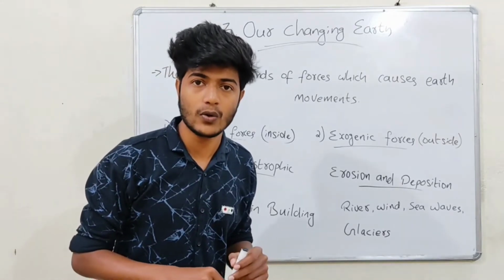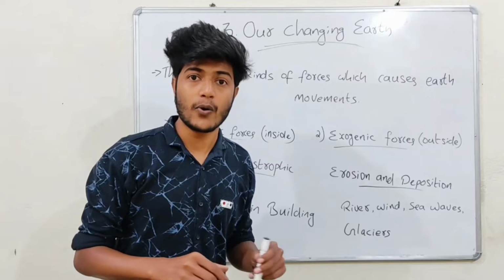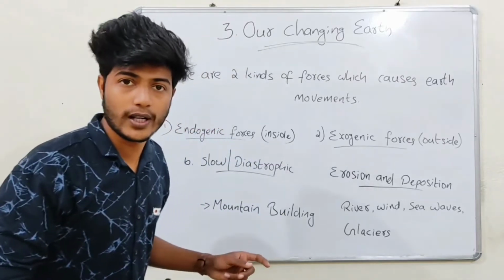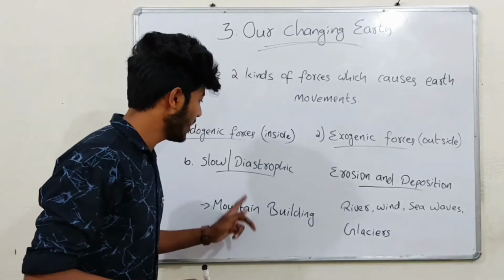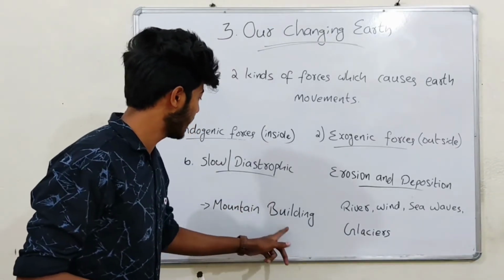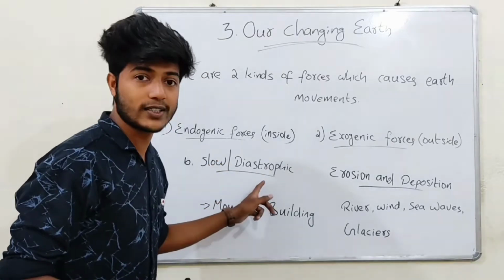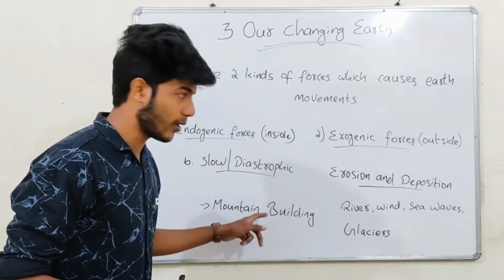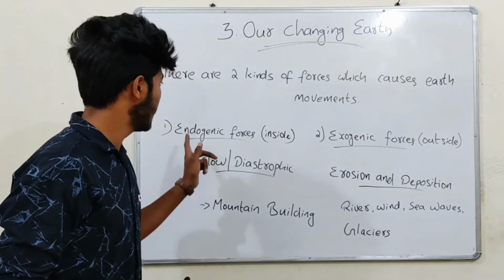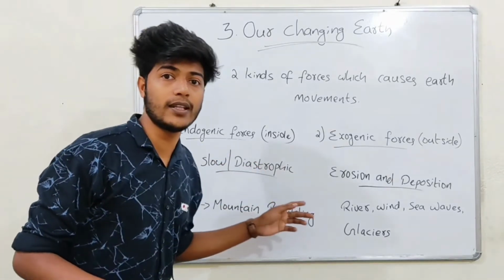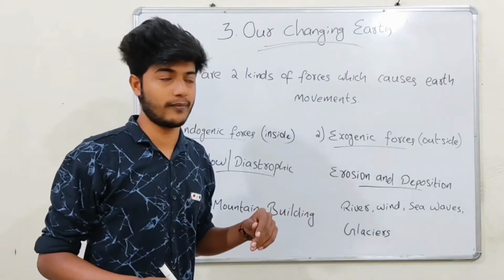They are not happening all of a sudden. Mountain building is not a fast or quick procedure. Mountains are built very slowly. So mountain building is an example for slow or diastrophic movement, and mountain building is an example for endogenic force. What does it mean? It is happening from inside the earth.